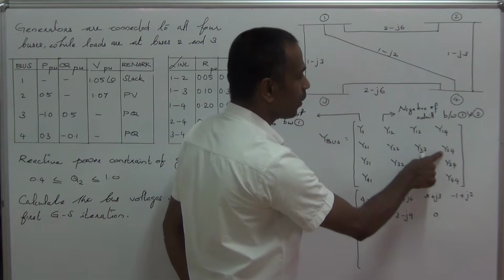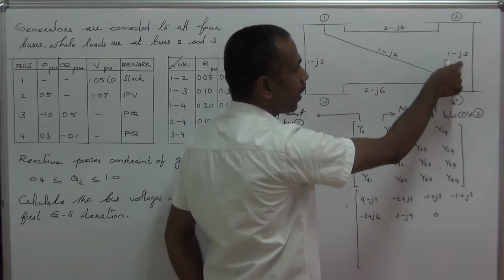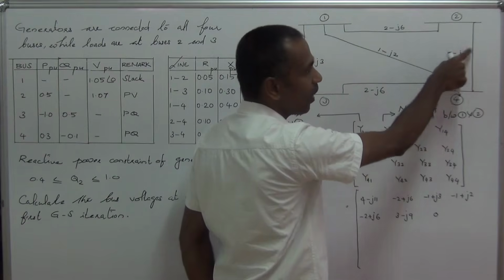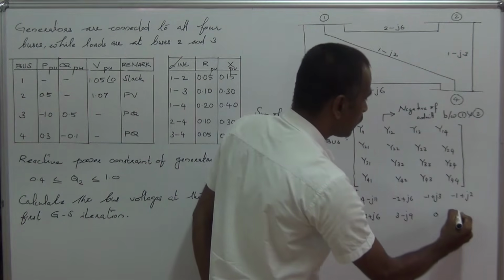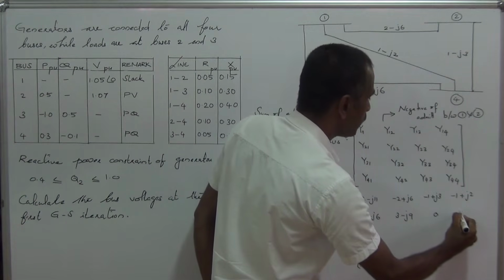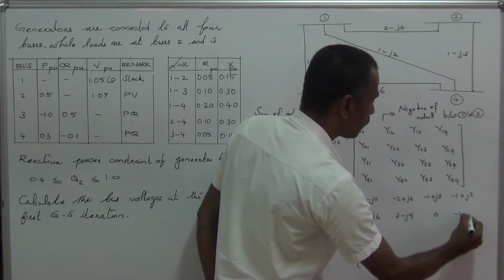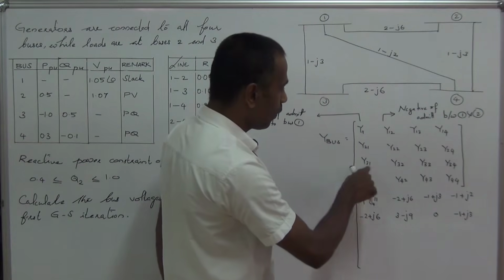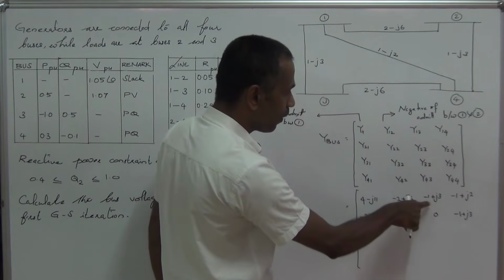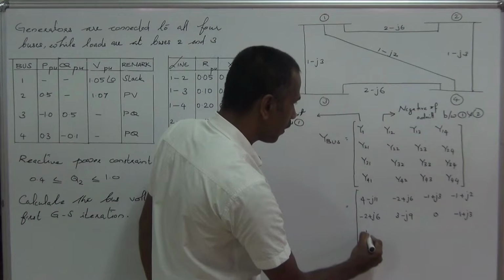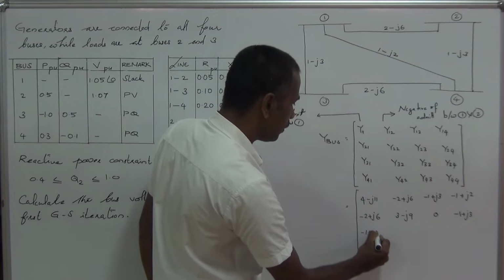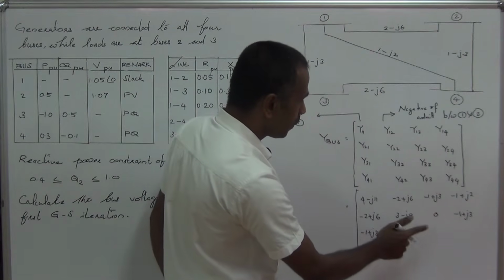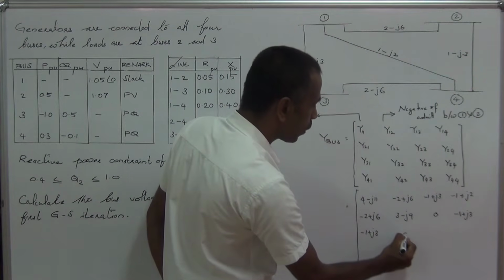What is Y24? Negative of the admittance between bus 2 and 4, minus of 1 minus j3, so it is minus 1 plus j3. Now Y31 is same as Y13, which is minus 1 plus j3. Y32 is same as Y23, and Y23 is 0, so this is also 0.